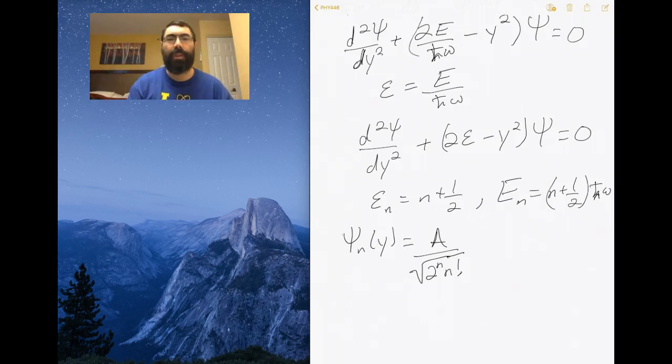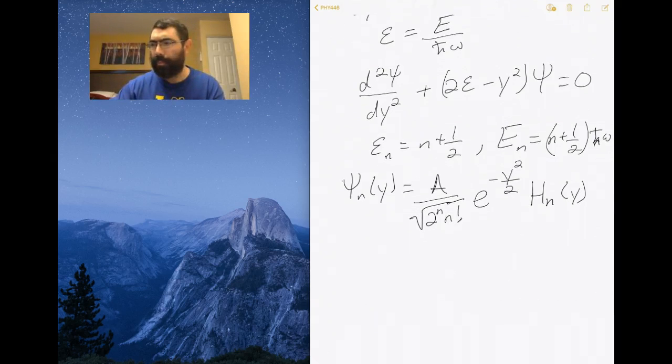You get that from the normalization of the Hermite polynomials. e to the minus y squared over 2 times the Hermite polynomial as a function of y. So it's the exact same wave function, except now we still have to work out what the normalization constant A is going to be. So we'll do that in a minute.